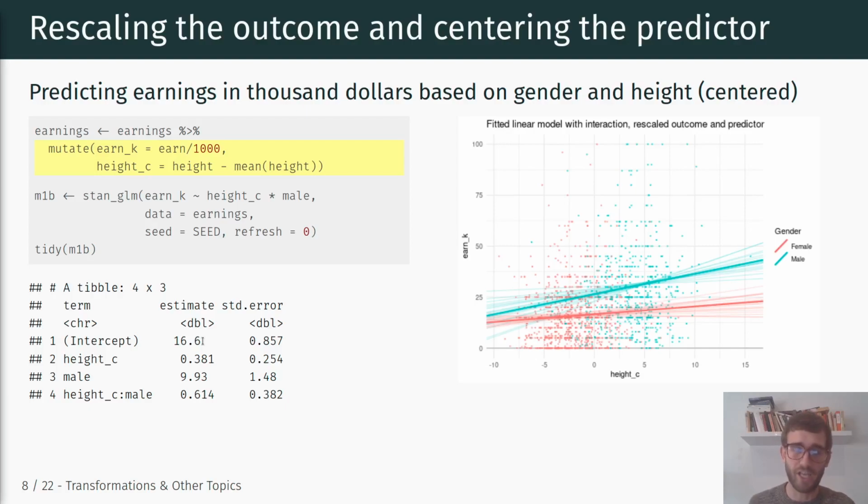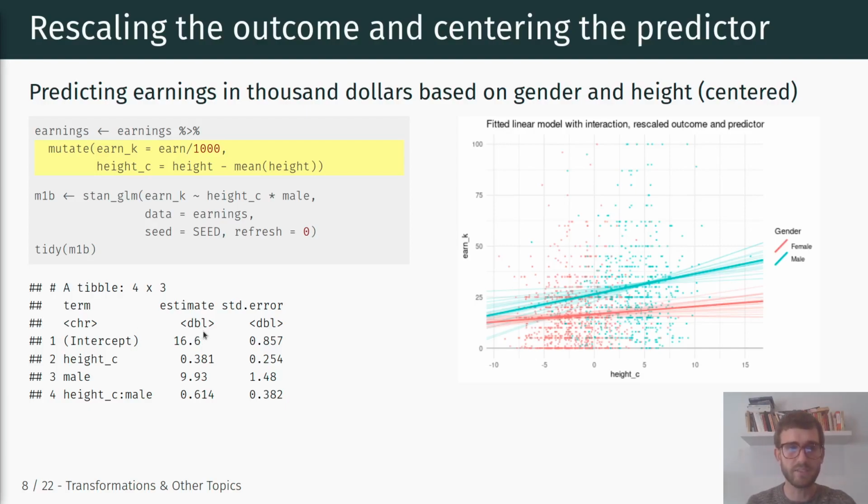This is the average height across men and women, so although we're looking at the expected outcome for women of average height, since this is the average over the entire sample, this would be the expected salary for quite tall women, actually.